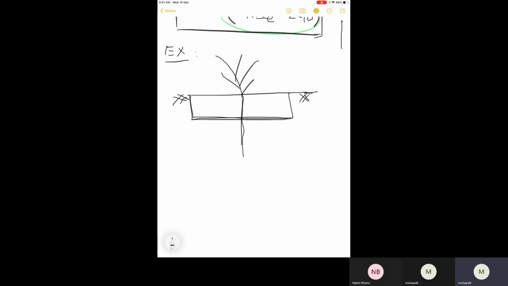So the entire root zone is being divided into 4 quarters. Okay, so this is the second quarter, and this is the third quarter, and this is the fourth quarter, right? So this is all the root zone.